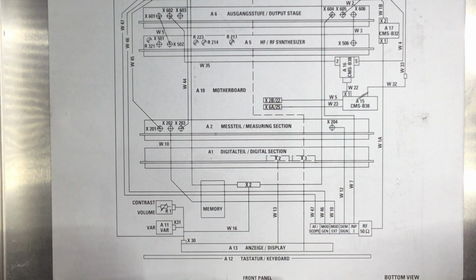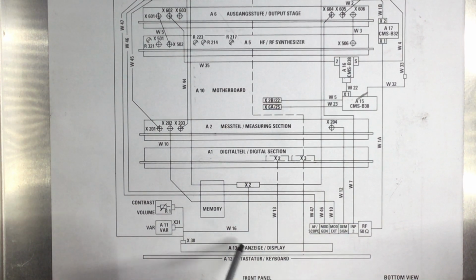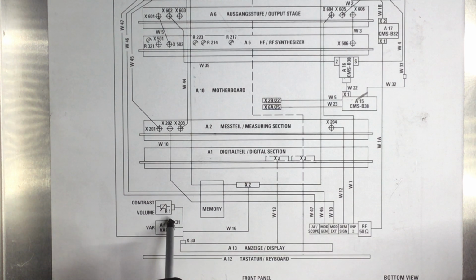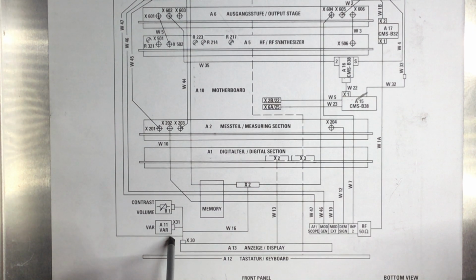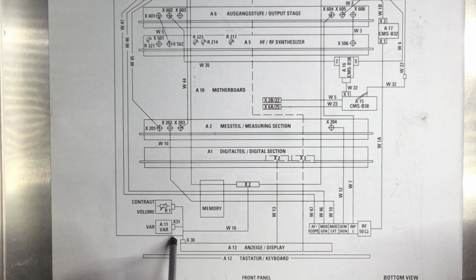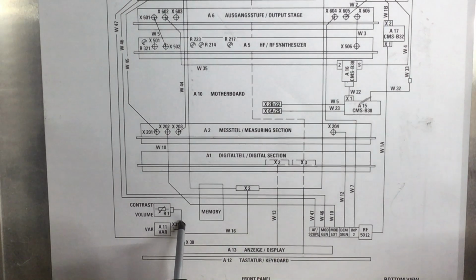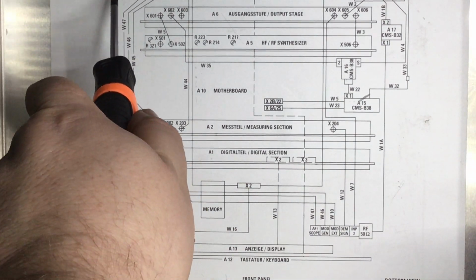But I'm just trying to find, obviously we've got a potentiometer here for the contrast and brightness control, which appears to be there. Variable, that's the variable control, which according to this looks as if it's got a connection all the way back to the speaker, which is just off the top of the screen, just here.